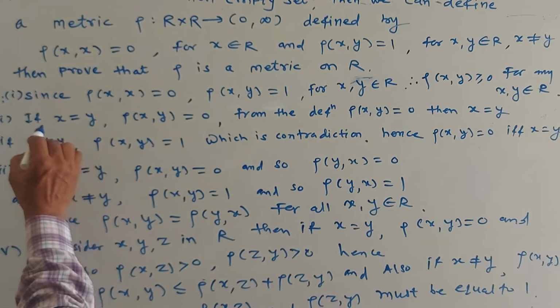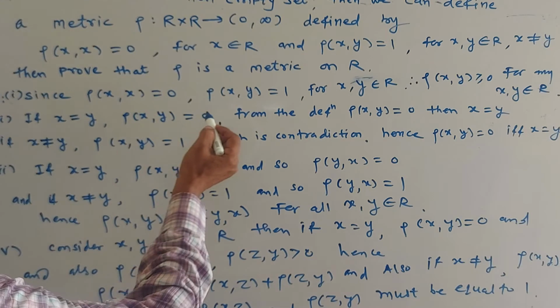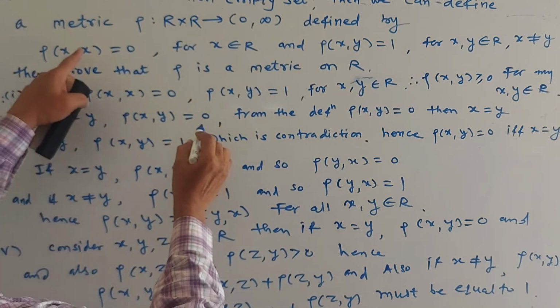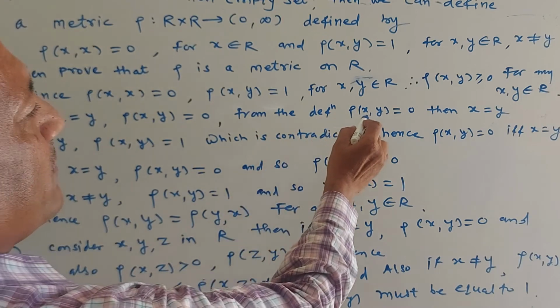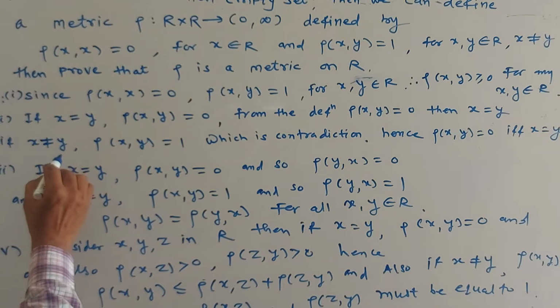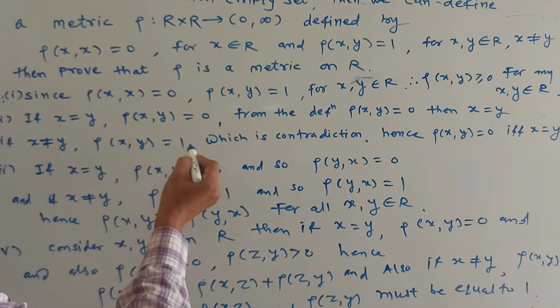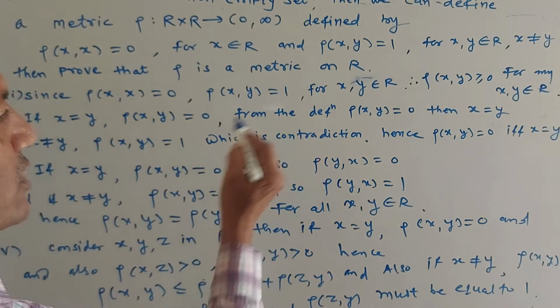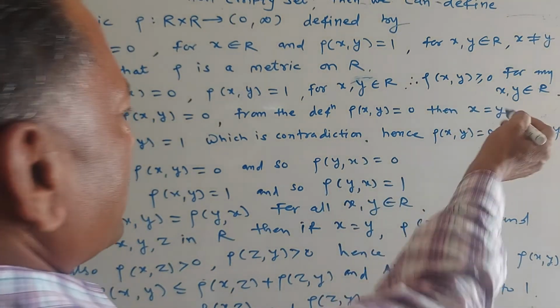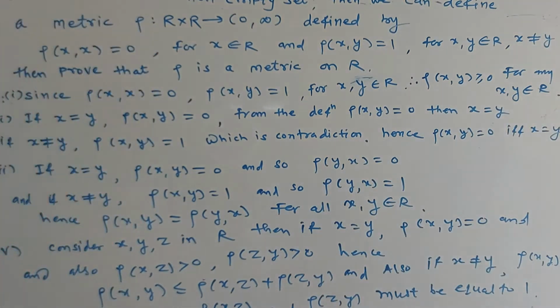Similarly, for the second property, if x is equal to y, then rho of xy is equal to 0. This is from the definition. If rho of xy is equal to 0, then it is clear x is equal to y. If x is not equal to y, then rho of xy is equal to 1, which is a contradiction. Therefore, here rho of xy is equal to 0 if and only if x is equal to y.